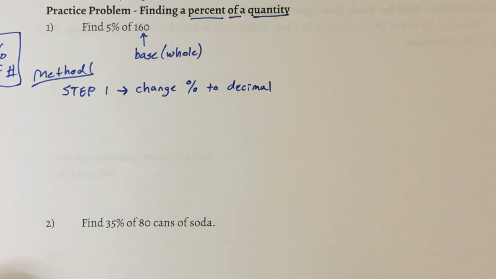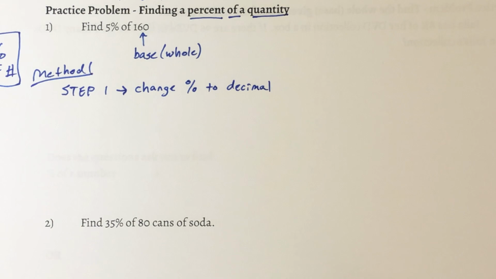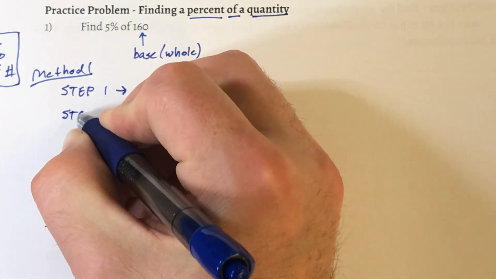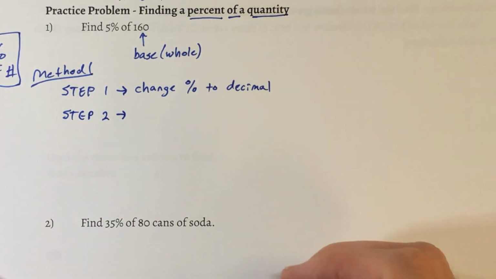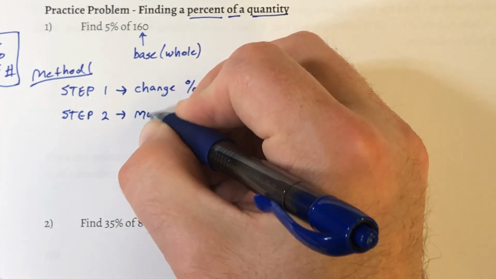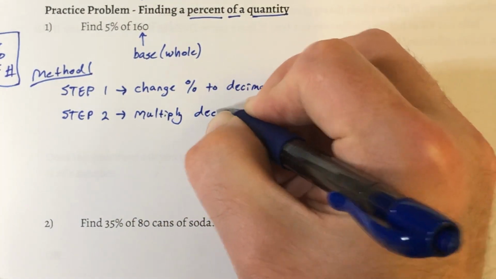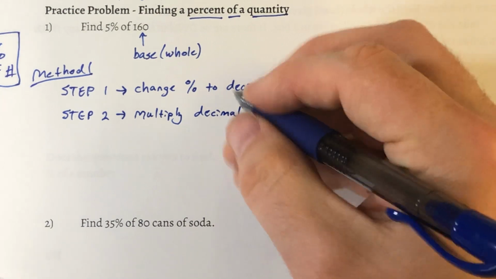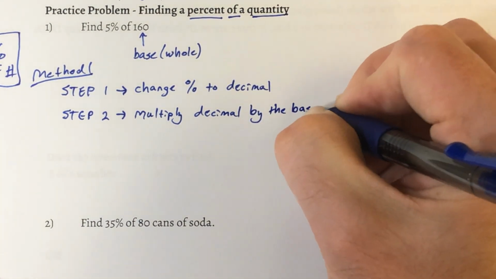Why? So you can calculate your answer easily. It'll help you with your calculations. Step 2. After you change your percent to a decimal, you're going to multiply your decimal by the base.